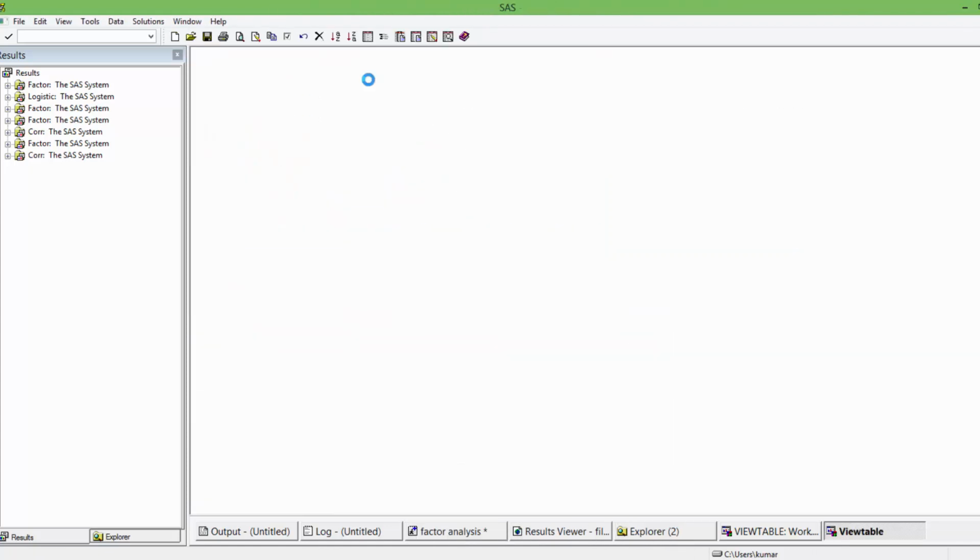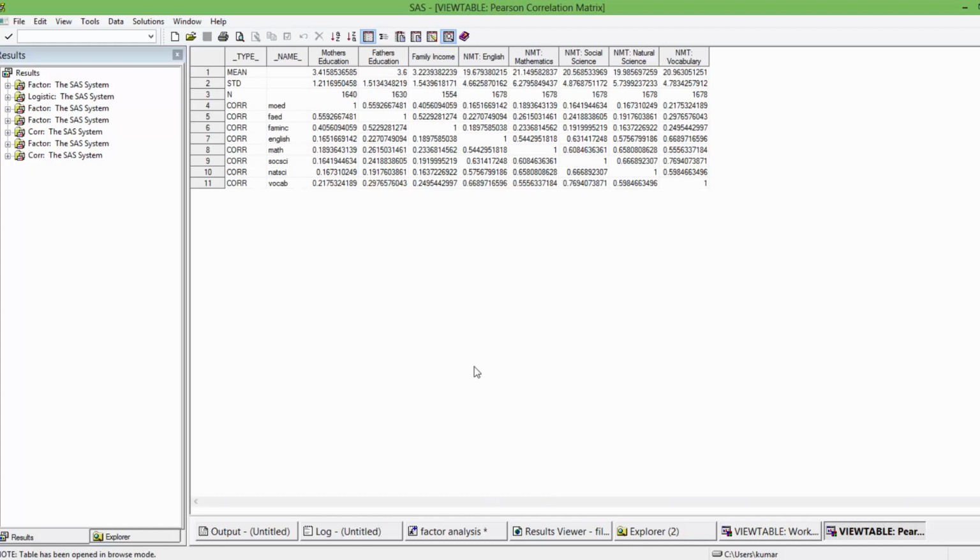Let us go to the output. You can see that there is high correlation among variables. High correlation between vocabulary skills and English. Makes sense. High correlation between vocabulary ability and social science.